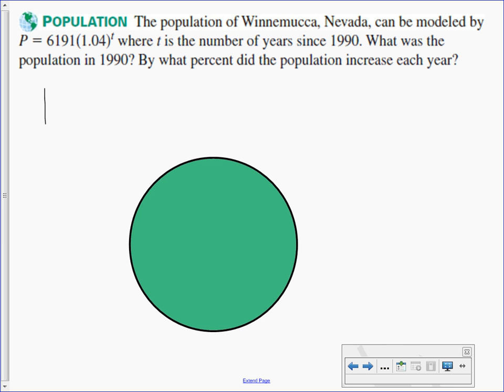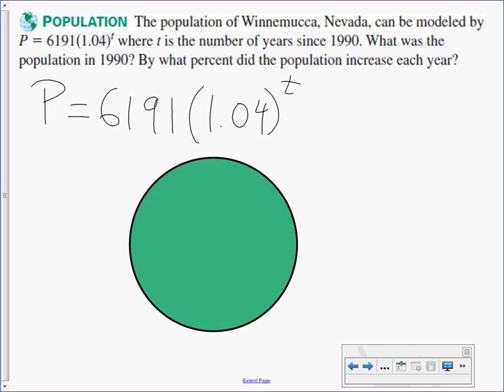So here's what happens. Instead of some value y, they're saying p for population. The population is 6191 times 1.04 to the t, where t is the number of years since 1990. So let's say you wanted to figure out what the population was in the year 2000. What would t have to equal? 10.